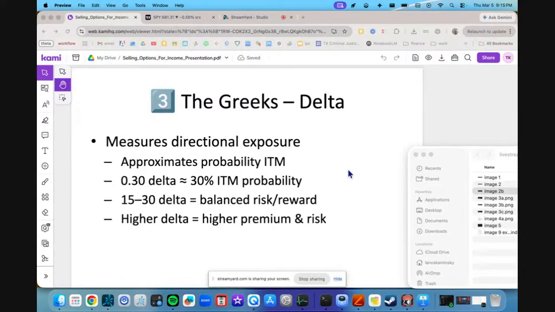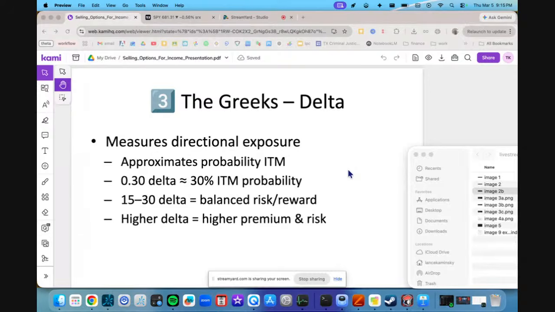So when you initially sell, let's say a 0.3 delta put, you would have approximately 30% probability of it going in the money. What that means is there's about a 70% chance that it wouldn't go in the money. So a lot of brokerages and a lot of websites will say you have a 70% chance of profit in this particular trade. That typically has to do with the delta.